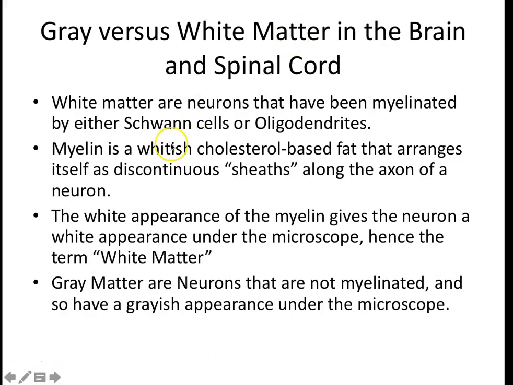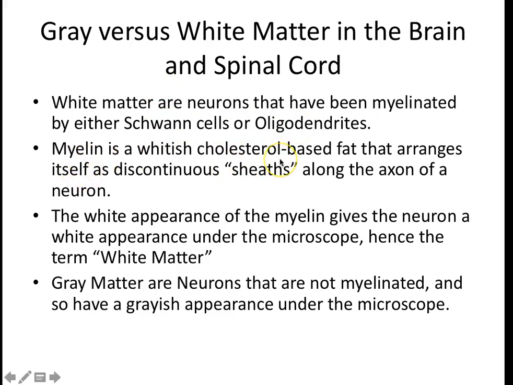All right. Half of your spinal cord is gray matter, the other half white matter. Same thing with your brain. So, gray versus white matter in the brain and spinal cord. White matter is neurons that have been myelinated by either Schwann cells or oligodendrocytes.